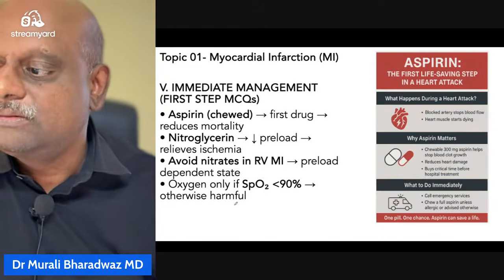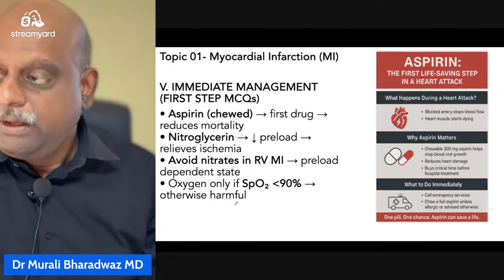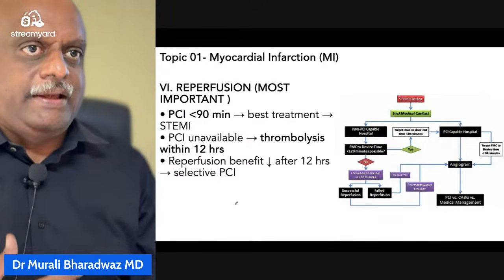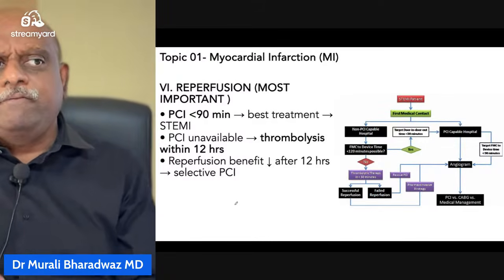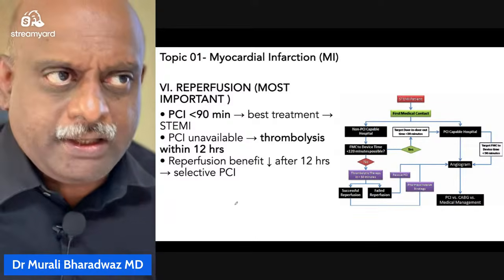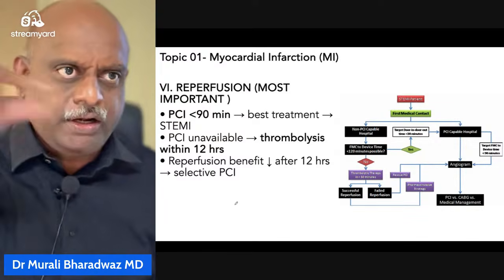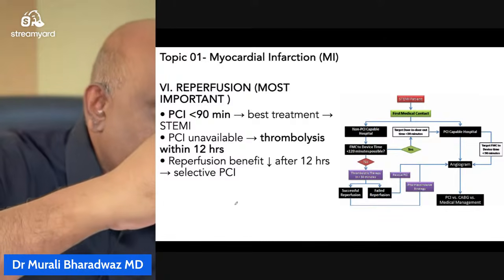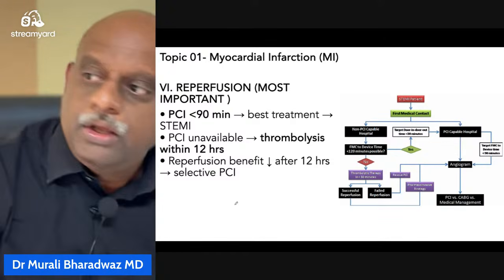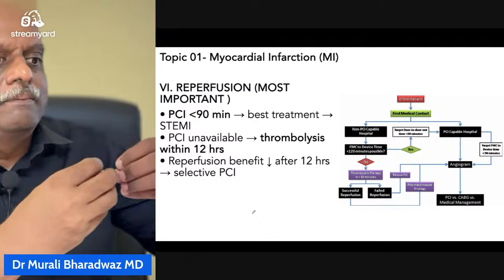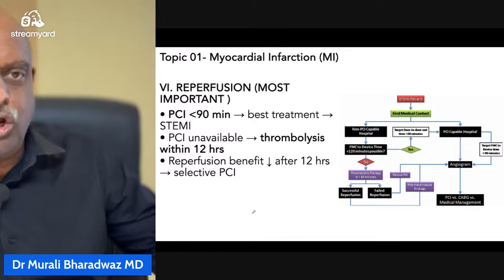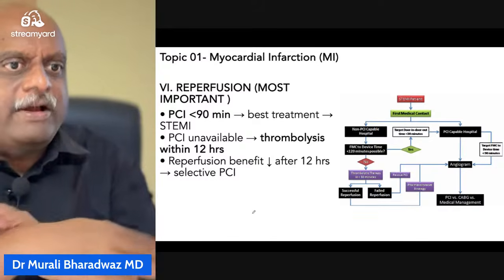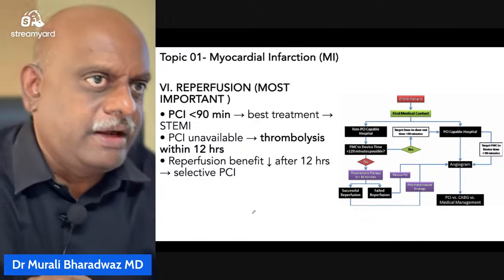Okay, now reperfusion, the next thing. Myocardial infarction is because of decreased blood flow to the heart. In the coronaries, there is an atheroma causing occlusion of the blood flow. So you need to break that clot, break that atheroma, and revascularize the blood vessel.